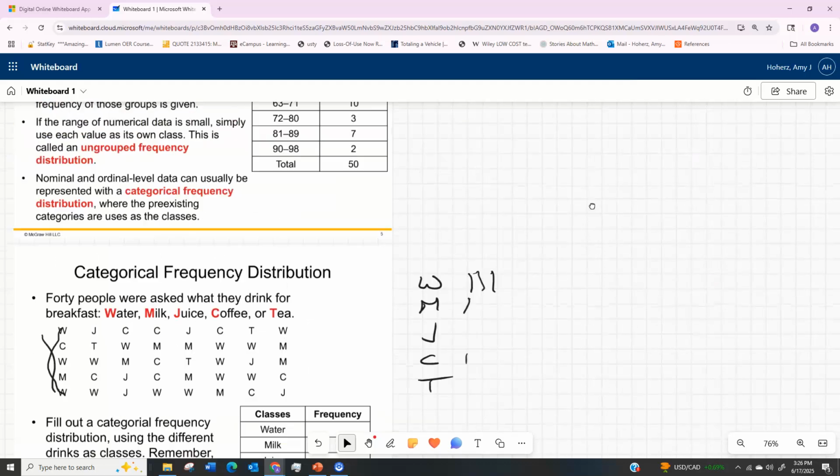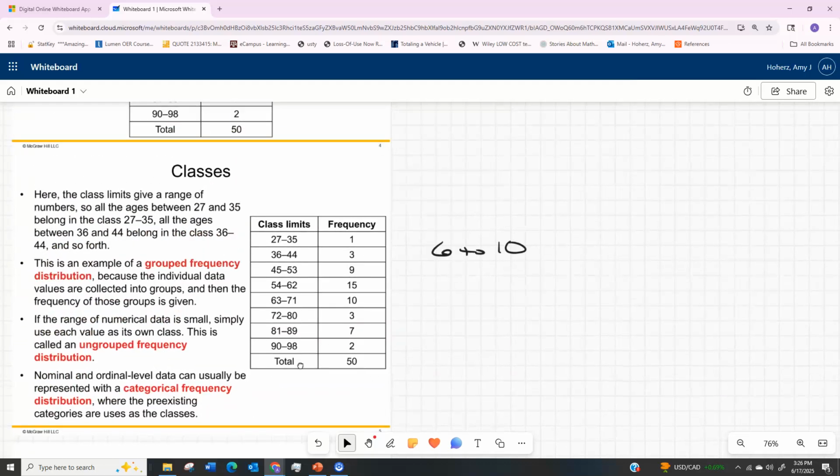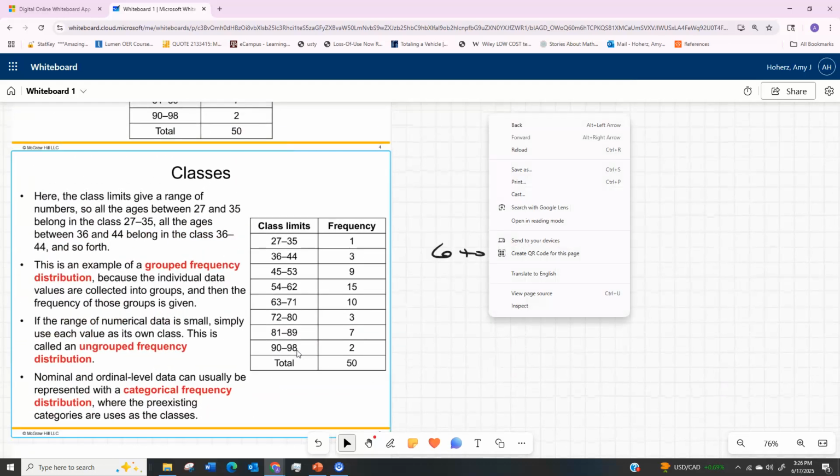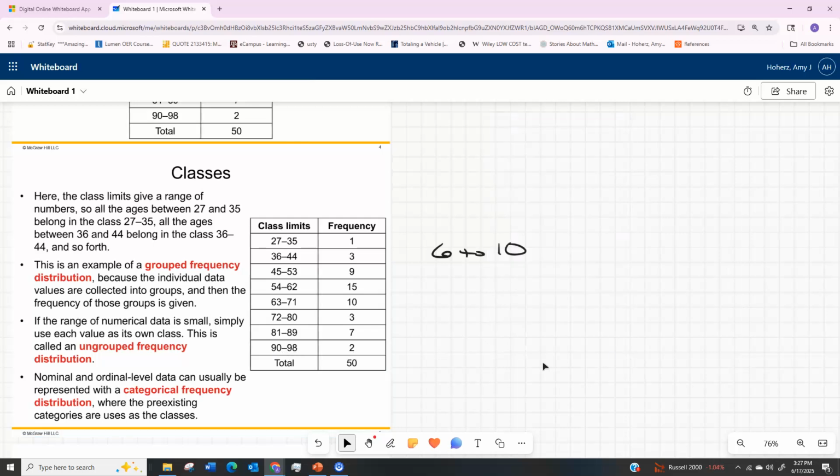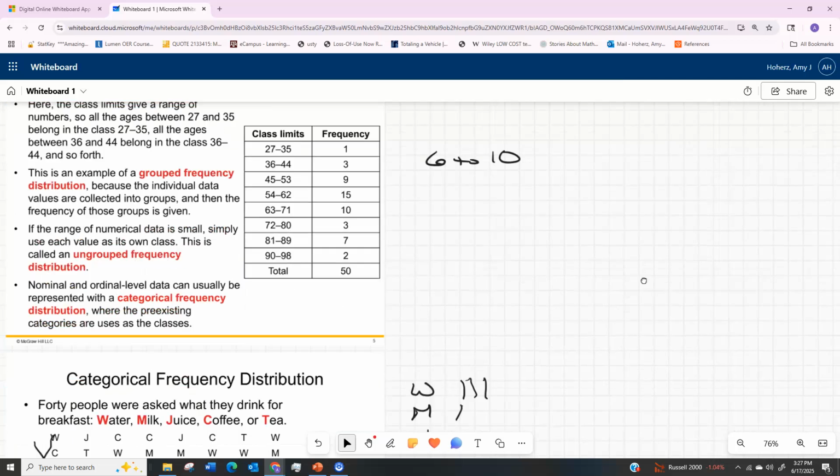So remember, we went all the way up to 98 with this class limit, but our oldest person was 92. But we had to include this class, or the person who was 91 and the person who was 92 would have had no place to go. So even though we had to include numbers beyond 92 that we didn't really need, we have to have it or we wouldn't have had any place for those last 2 oldest people to go.